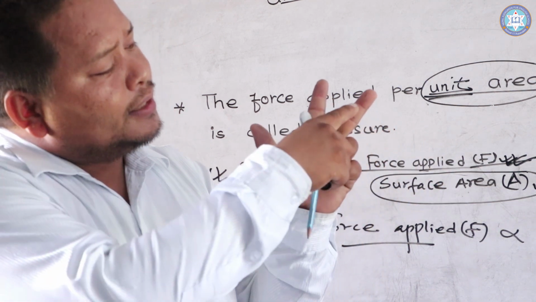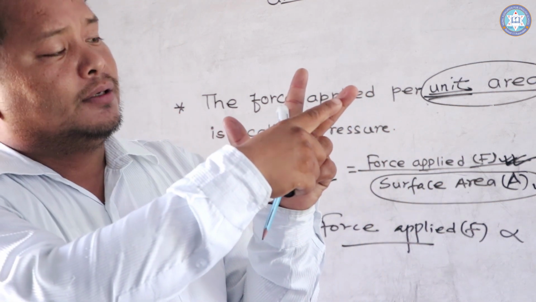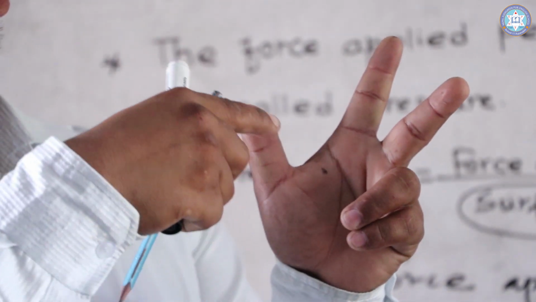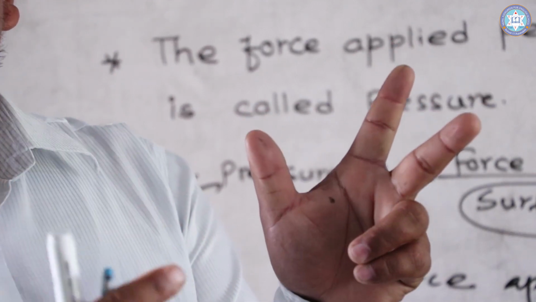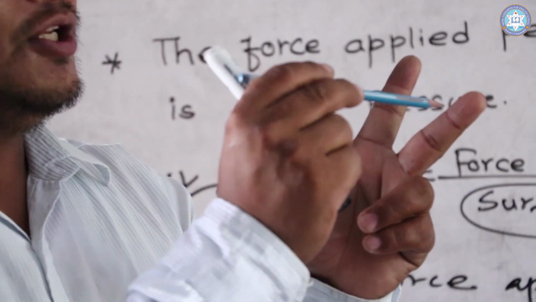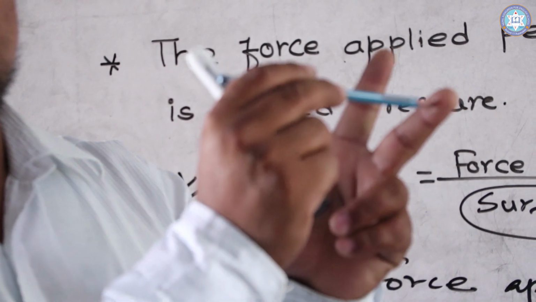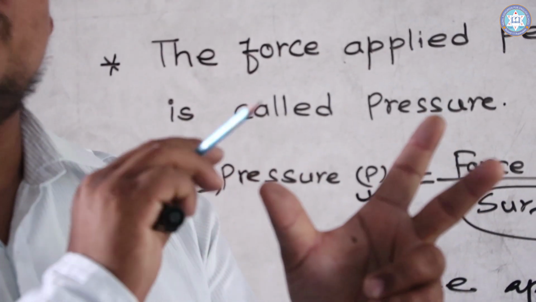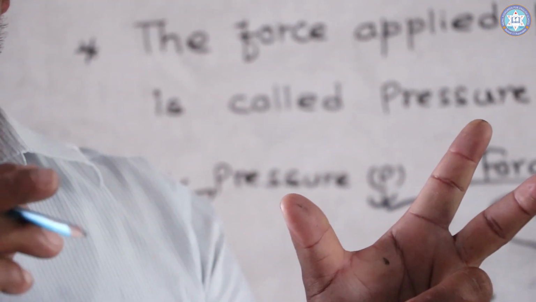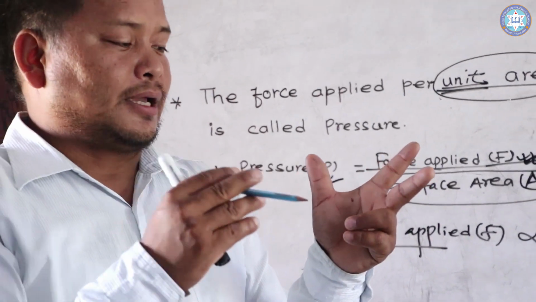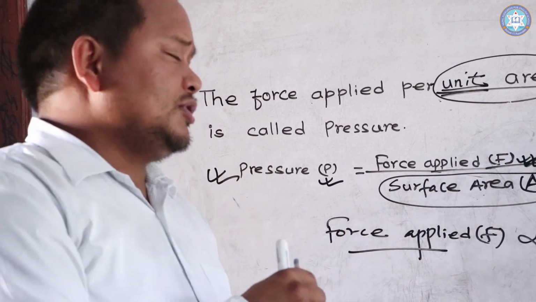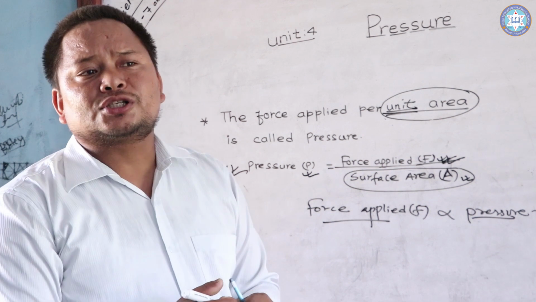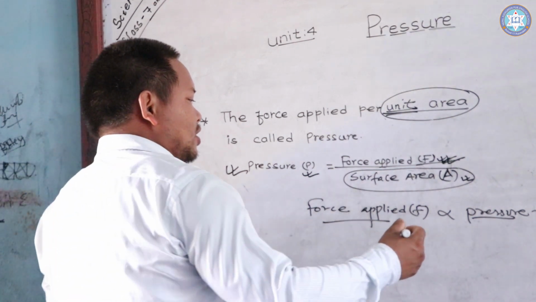Just look here on the middle finger, it makes a deeper depression. It is clearly seen on the middle finger, but on the thumb there is no such type of depression or pain. That means we can easily say the pressure is inversely proportional with the surface area.